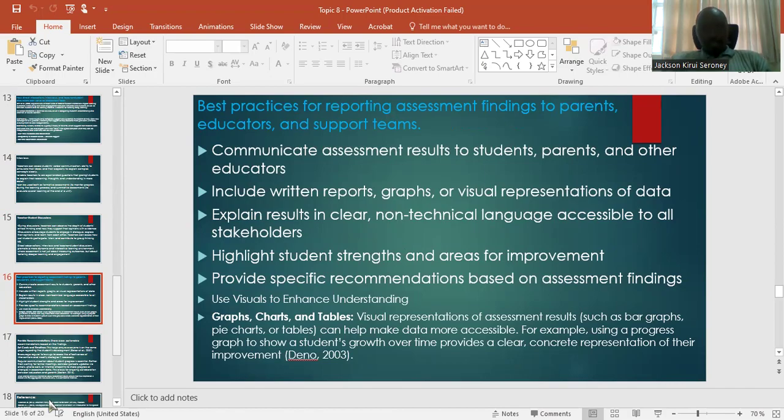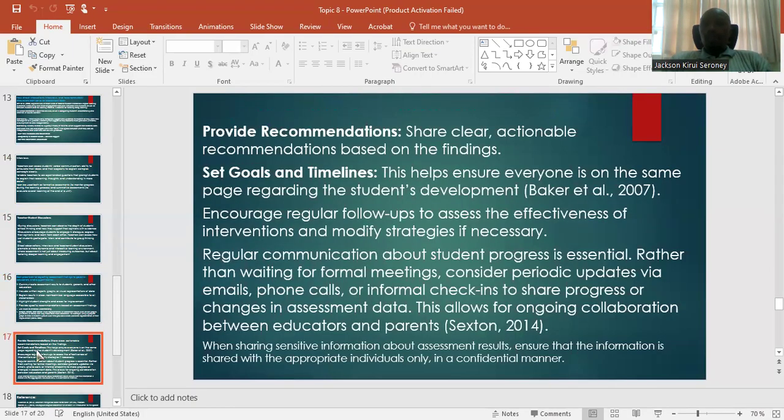Then the last thematic area is on the best practices for reporting findings of assessment. When you're reporting these findings, we need to use clear and non-technical language. You need to use visual aids like graphs, charts, and tables. For example, using a progress graph to show a student's progress over time, that they are beginning from here and going upwards to this end. And also, as you communicate these, we need to provide recommendations where we thought the learner needed extra help.